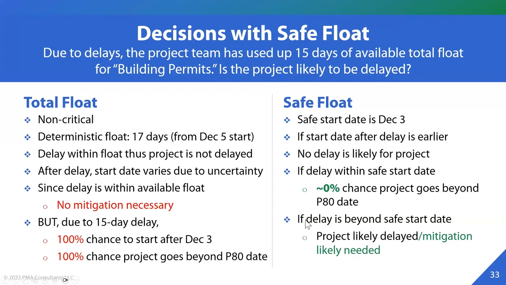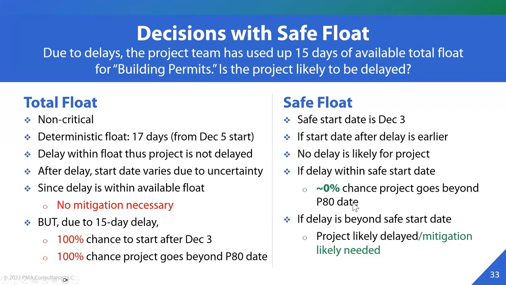And again, over here, we also see the benefit of using safe float. Total float was saying you can delay the building permit. So again, it's a 60-day task right now, which could be extended because of uncertainty. So at least 2 months later, you will realize whether we are delayed or not.